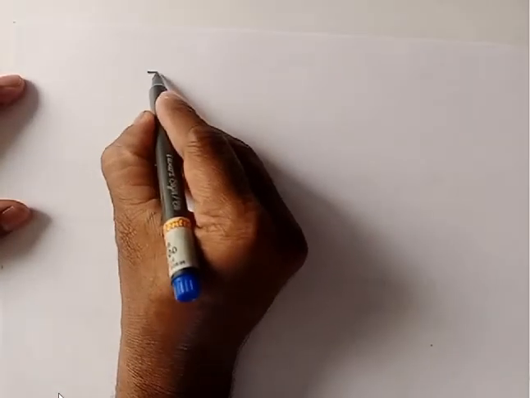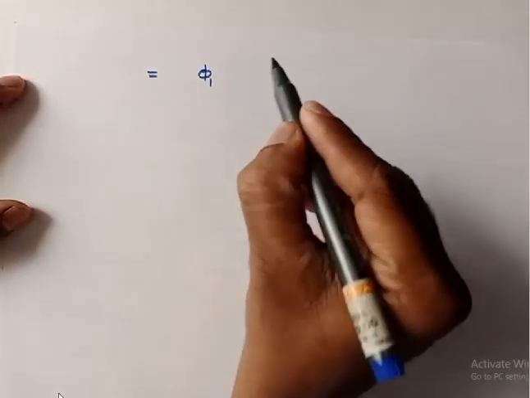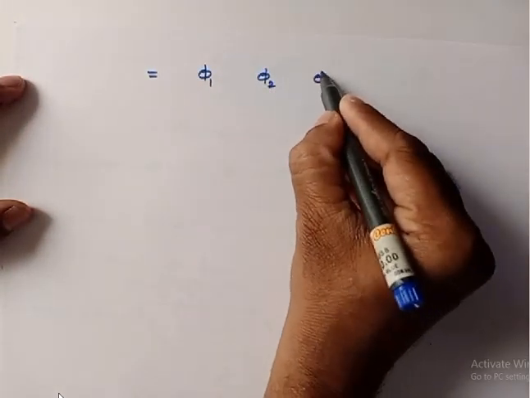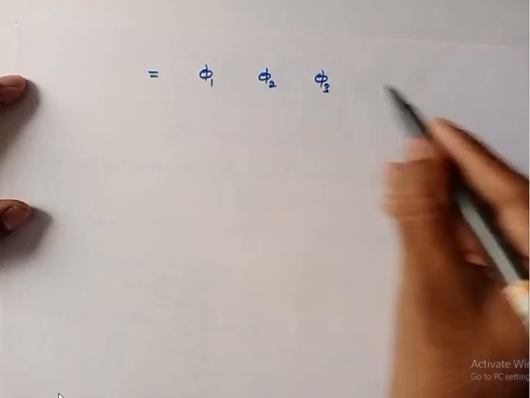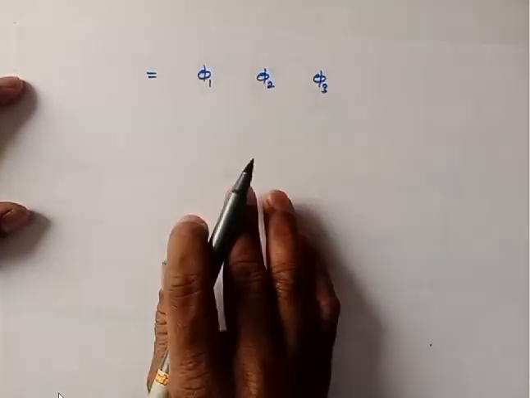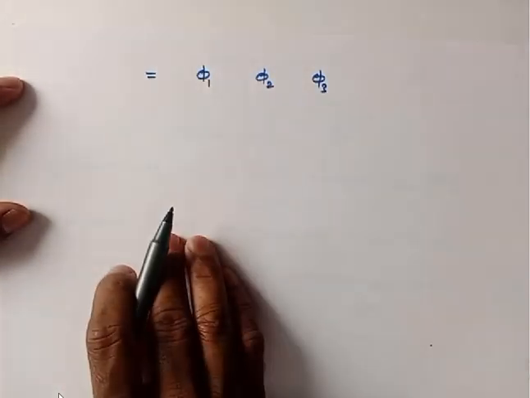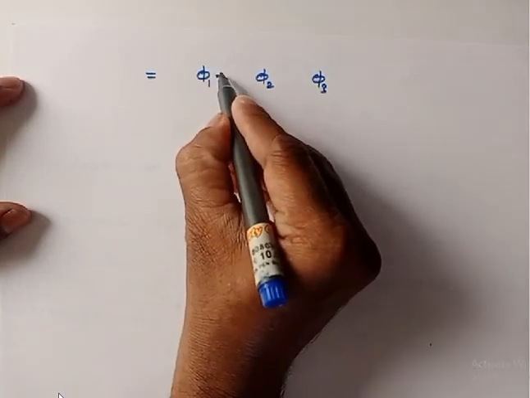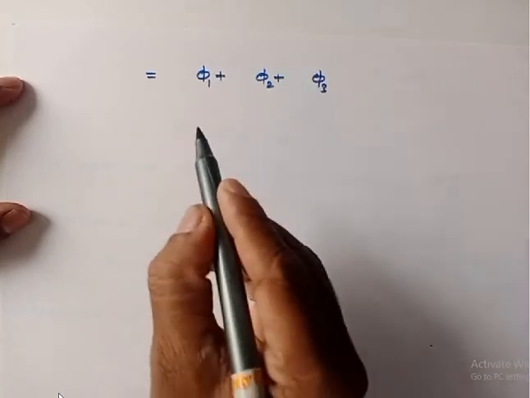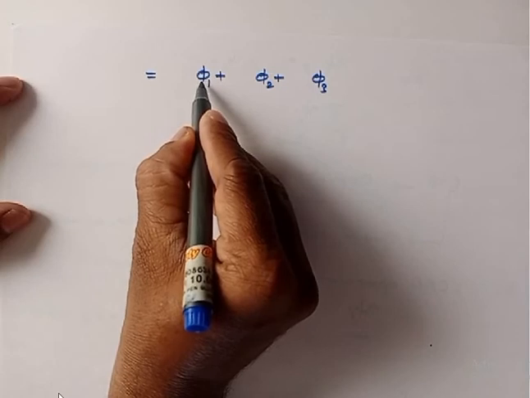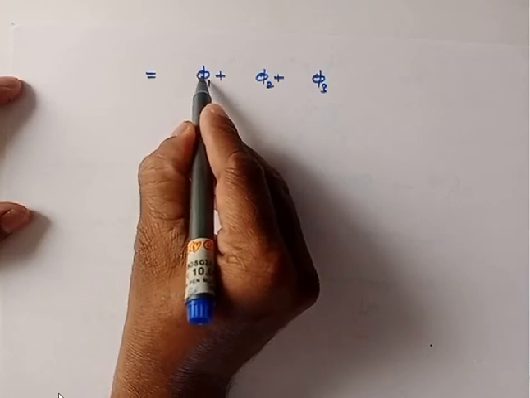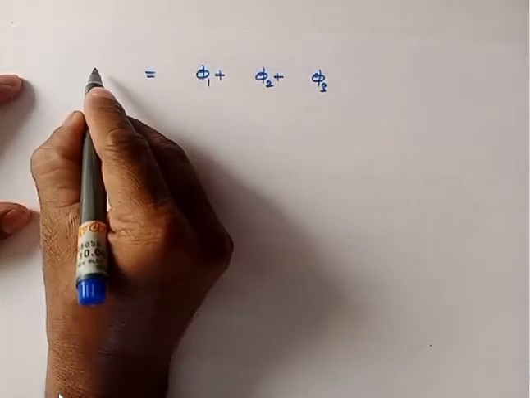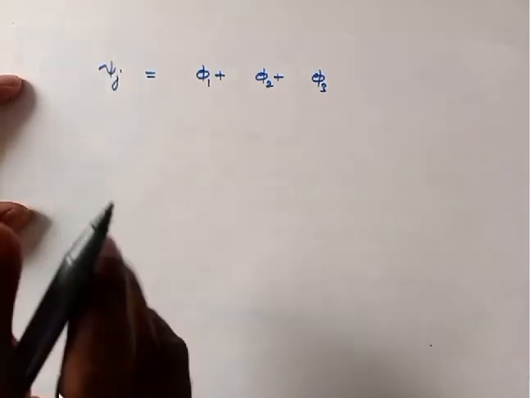Now see, for example, I have phi1 atomic orbital, phi2 atomic orbital, phi3 atomic orbital. Like that I have many atomic orbitals. I'm going to take the linear combination. How to take the linear combination? Very simple. You multiply each of these atomic orbital functions with a coefficient. Suppose I take some jth molecular orbital.